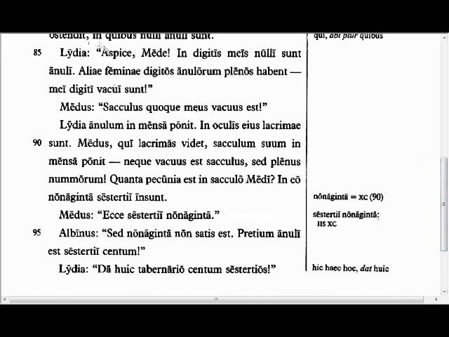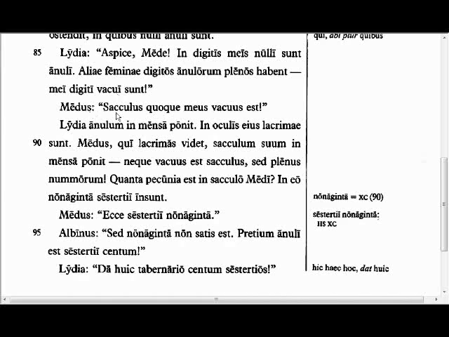So we had the vocative case here, and the imperative verb here, aspice mede. Other women, aliae feminae, have fingers full of rings. My fingers are empty.